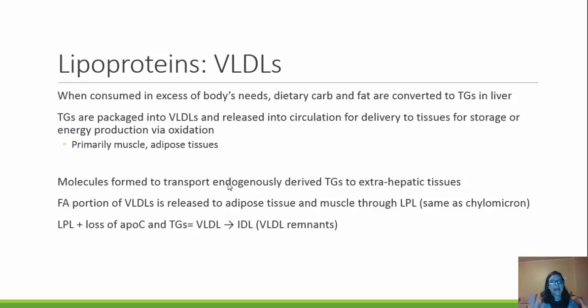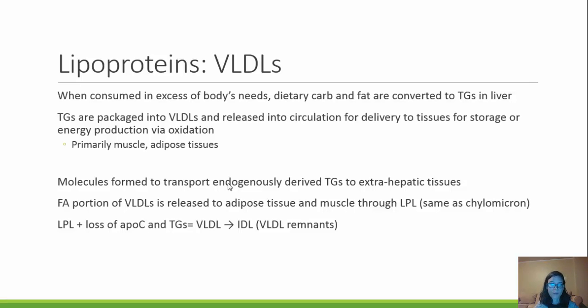And then we have our endogenously derived triglycerides from excess protein and fat, and these are packaged up into our VLDL, or very low density lipoproteins. These are then delivered to other tissues such as adipose tissue and muscle through the action of lipoprotein lipase.